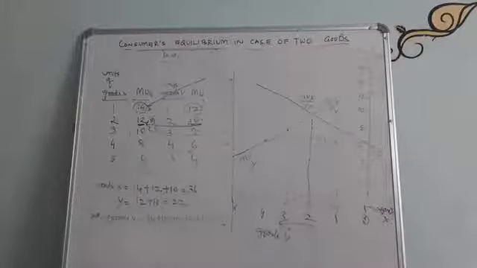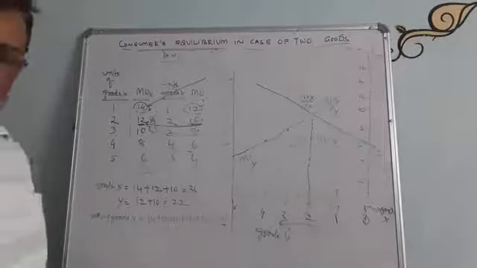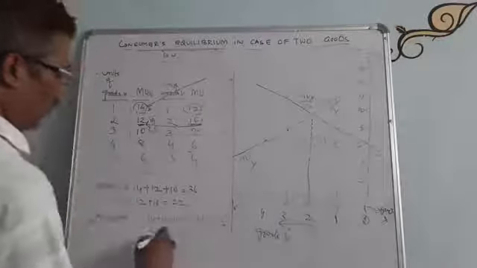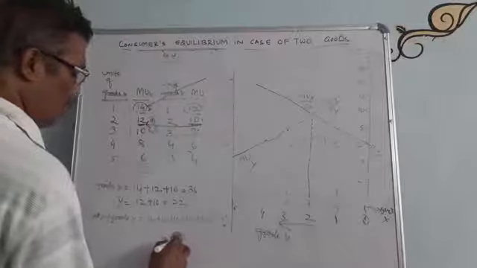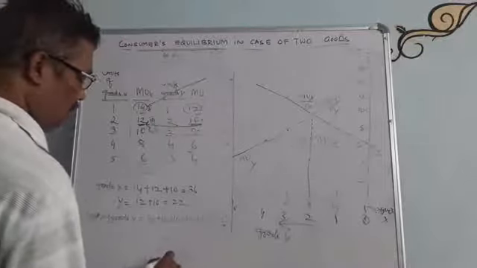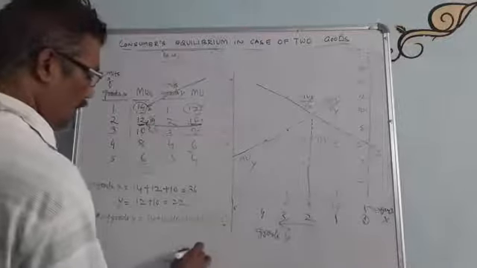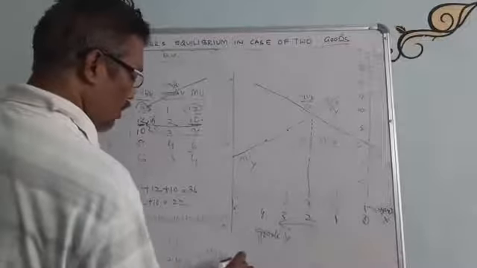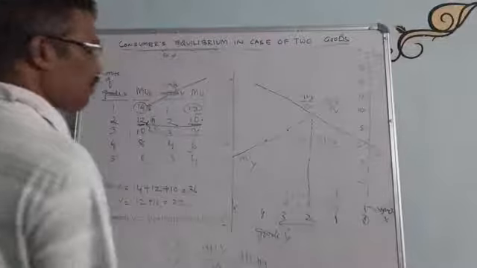So the formula for consumer's equilibrium with two goods is marginal utility of X upon price X equals marginal utility of Y upon price Y, which is the marginal utility of money.